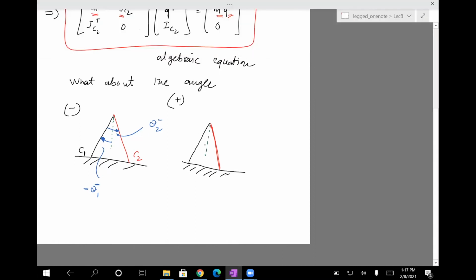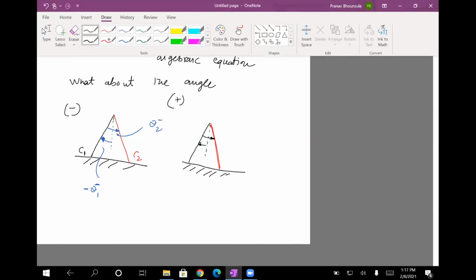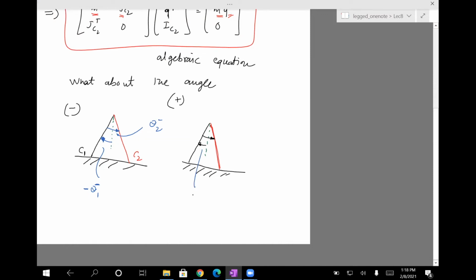The angles are also going to be the same. So this is still theta 1 positive. Sorry, it's positive because it's after foot strike, but there's no reason to believe these will be different. They're the same. And then the same thing for this one. It's going to be theta 2 positive.